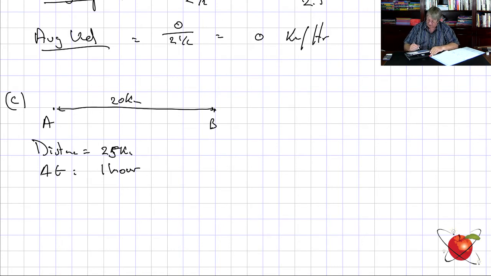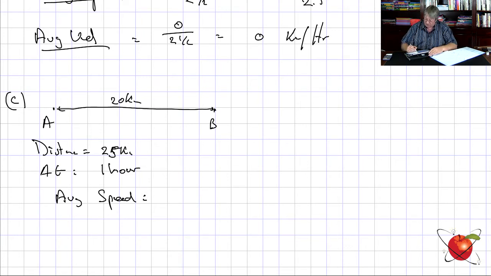So let's just work out the average speed, which is distance over time. I haven't said whether it should be in kilometers per hour. Let me just see what I did in my answers. Meters, I changed it to meters per second. Well, how do I change 25 kilometers?